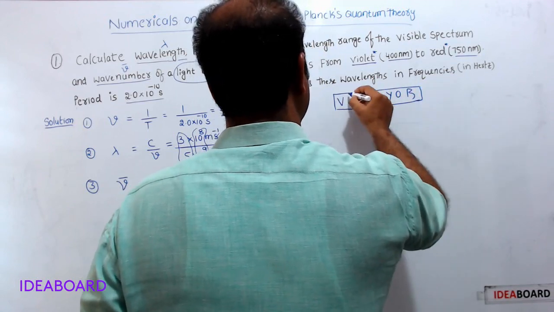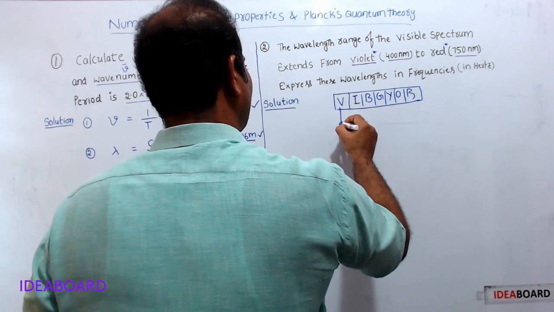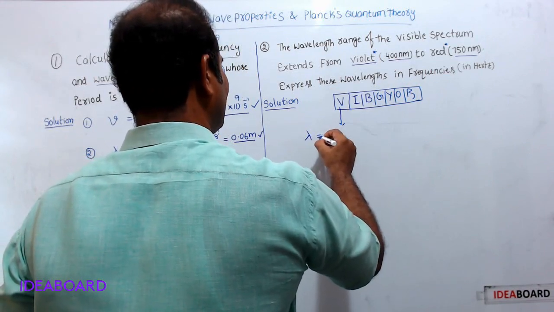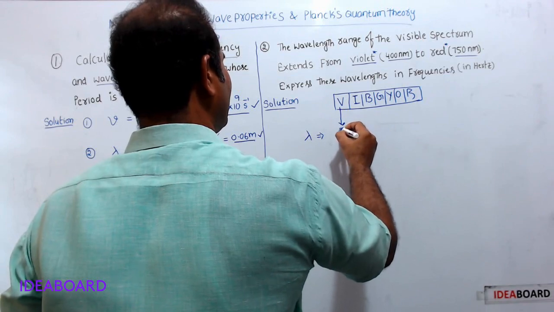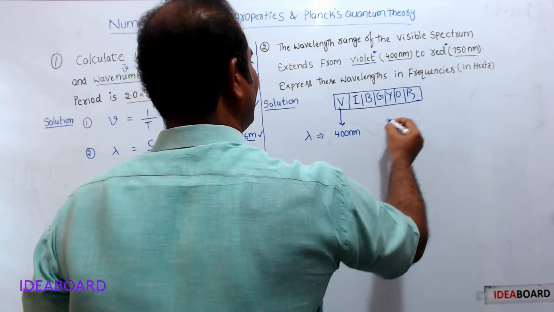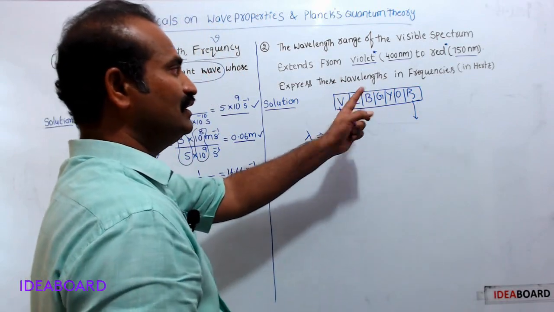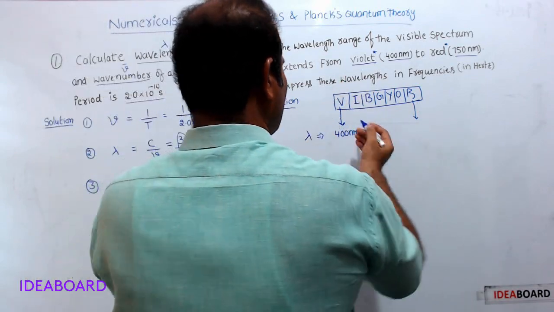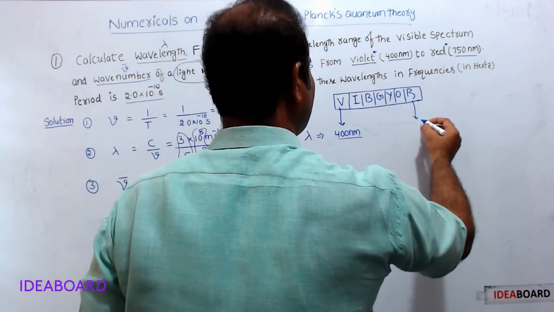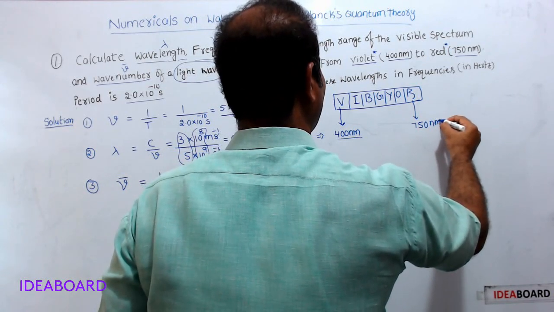For this, the wavelength range is given. For violet, the wavelength given is 400 nanometer. Violet and red are the two extremes of the visible range. One extreme, violet, has a wavelength of 400 nanometer, and the other extreme, red, has a wavelength of 750 nanometers.